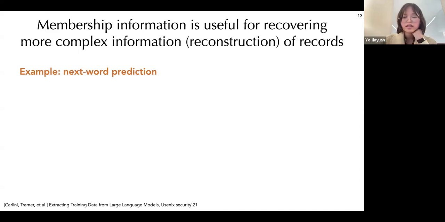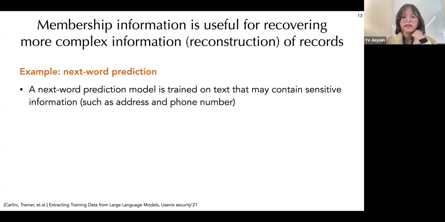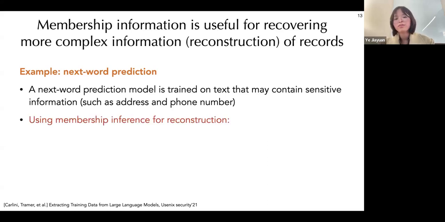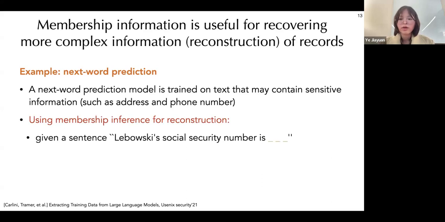Here the model is trained to perform a next word prediction task, and it is trained on many texts that may contain sensitive information such as address, phone number, email, and so on and so forth. And then how do we use membership inference for reconstruction? The idea is that you are given a sentence such as this person's social security number is something, you don't know what this something is, and you want to reconstruct that.